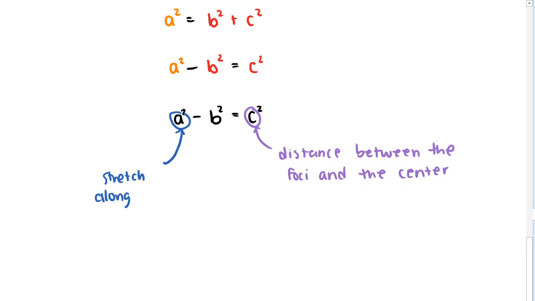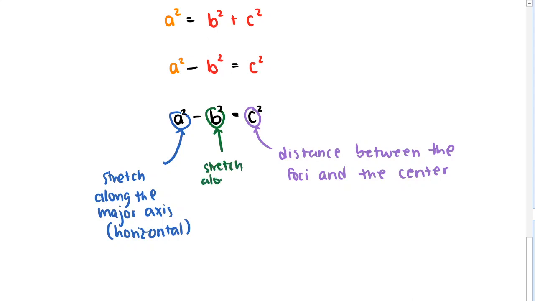So this was the stretch along the major axis. In this case, that was horizontal. And then b, well, this is our stretch of our ellipse along the minor axis. And in this case, this is vertical.